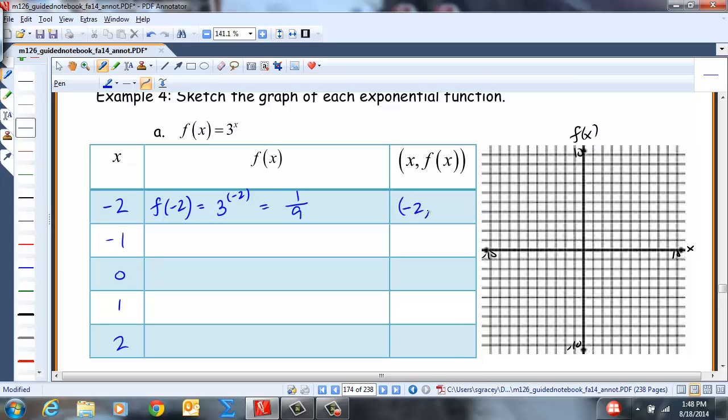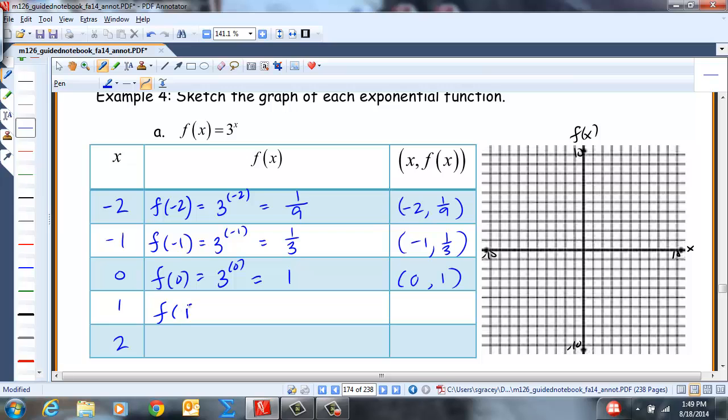So we'll have the ordered pair negative 2, 1/9. F at negative 1 is 3 raised to the negative 1, which is 1/3. F at 0 is 3 raised to the 0, which is 1. And f at 1 is 3 raised to the 1, which is 3. F at 2 is 3 squared, which is 9.